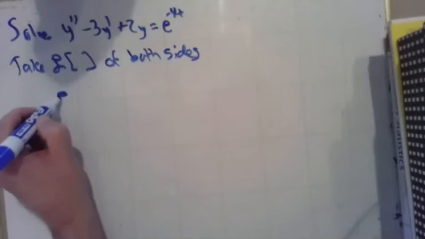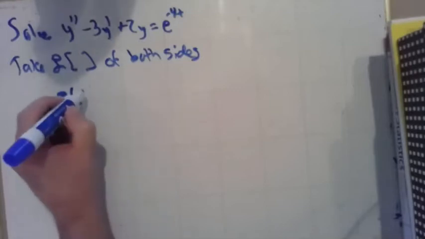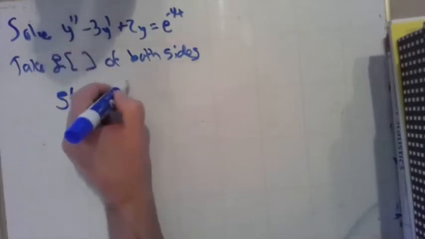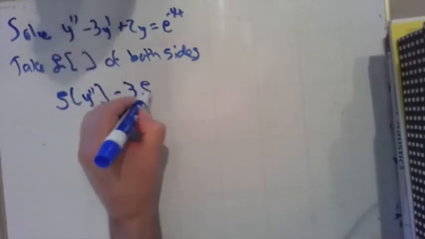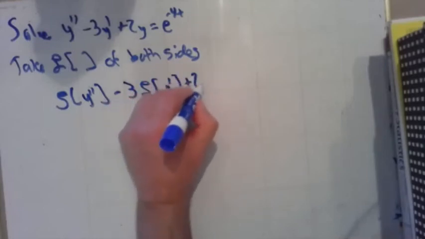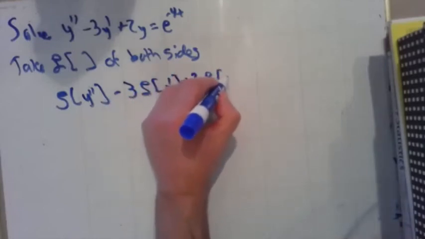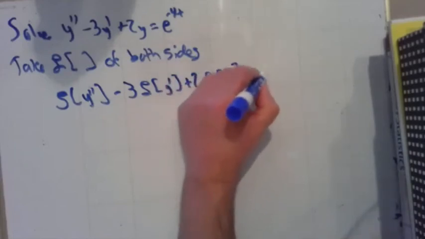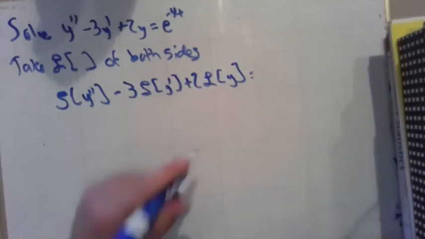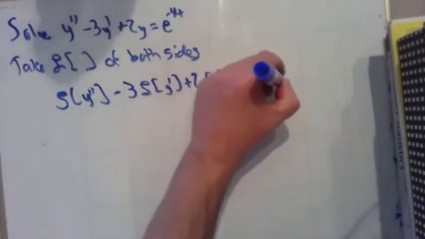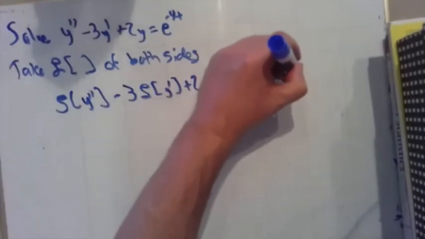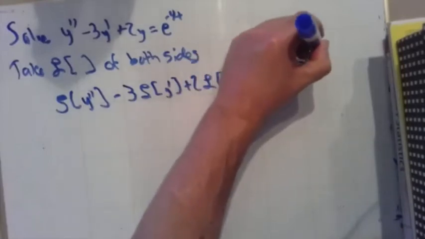I can say Laplace transform of y double prime minus 3. I can pull the minus 3 out. Equals Laplace transform e to the negative 4t.